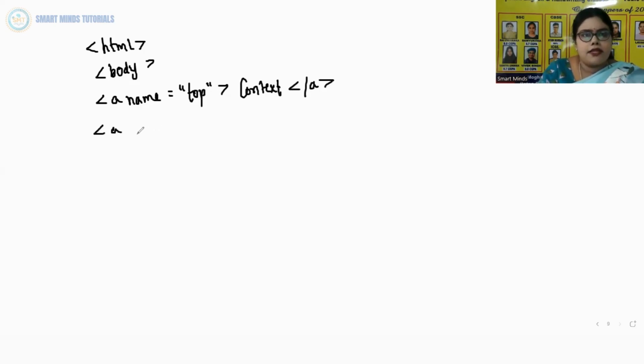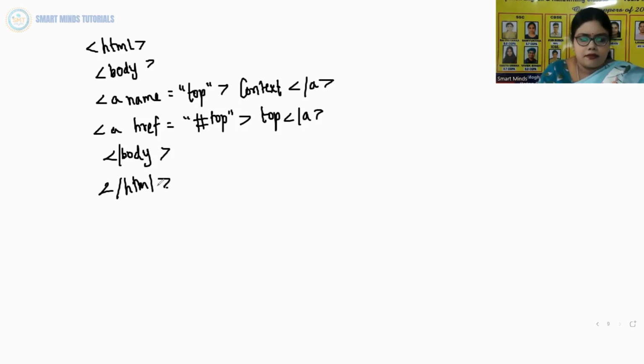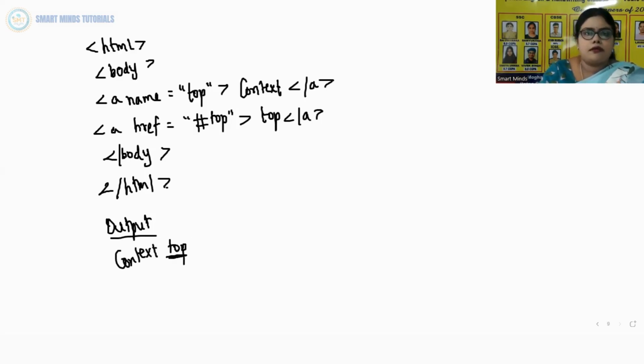Then again another a tag, href equals #top, quotations close, top, slash a. Close the body and close HTML tag. So the output would be like this: context, top. Top will have a link.